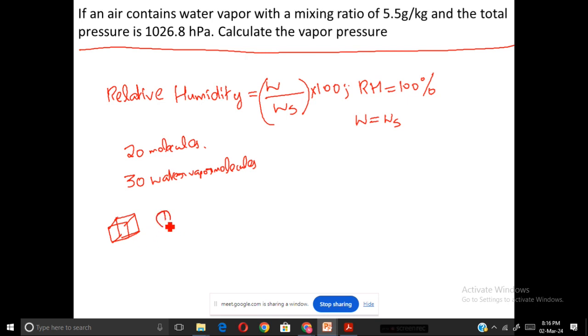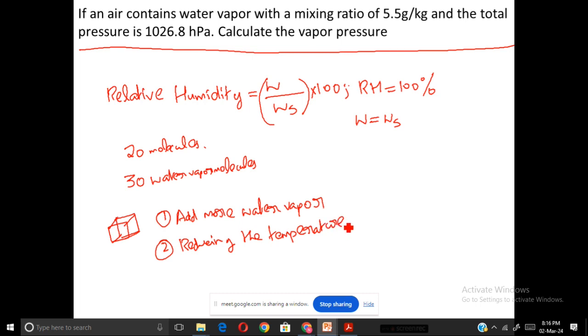The first method is to add more water vapor, or the second method, without adding water vapor, is reducing the temperature of the parcel. That way also the parcel can attain saturation.